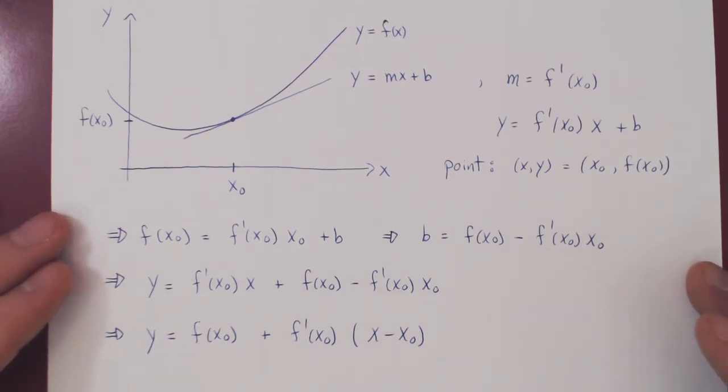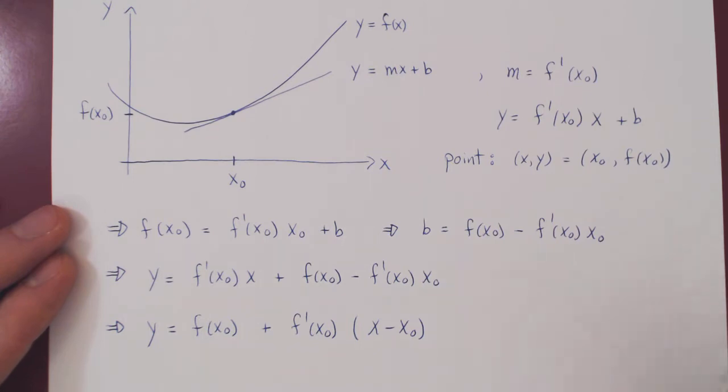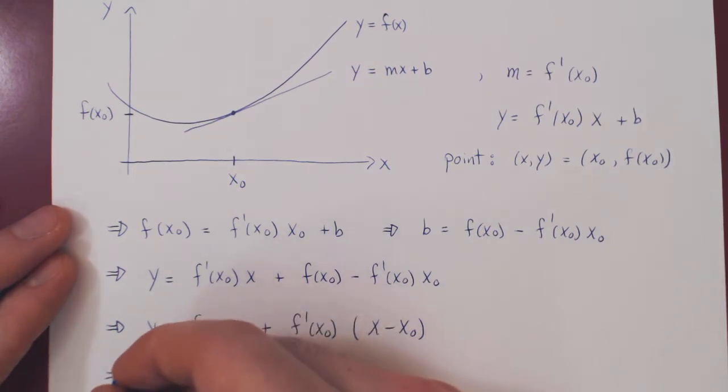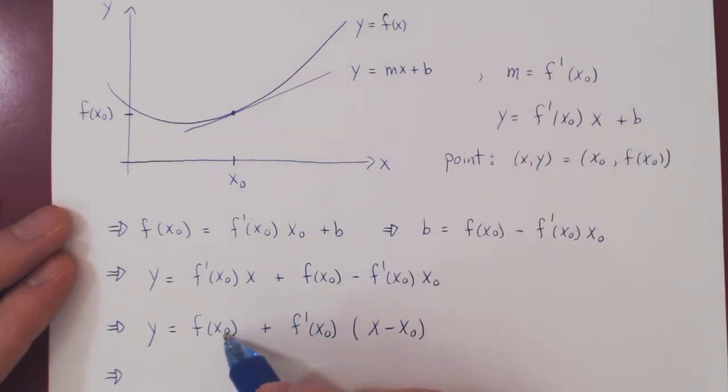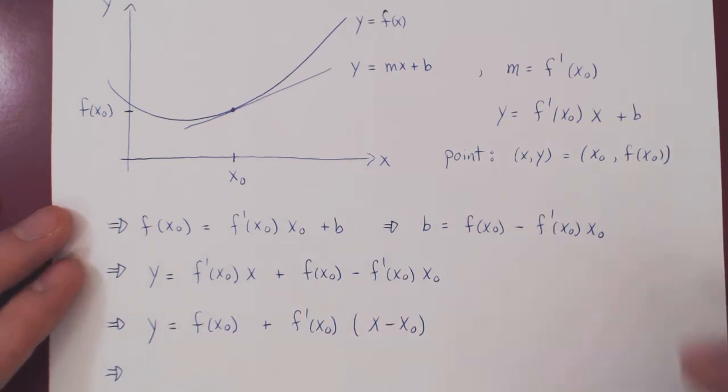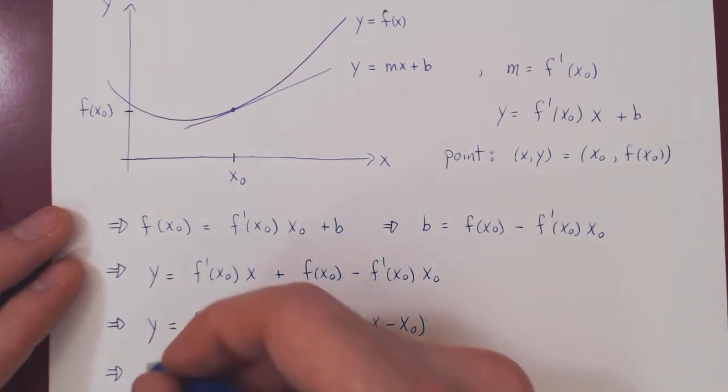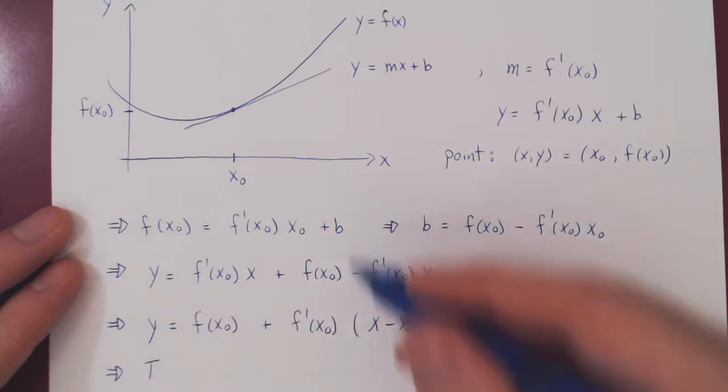And one last little definition, or I should say notation. Now the line is a function of x, right? A constant plus a constant multiple of x minus x0. And so here's how we'll denote the equation of the tangent line. We'll use a T for tangent.